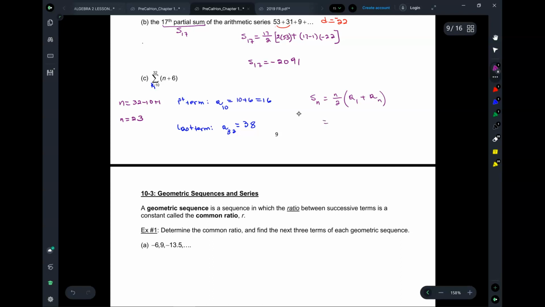So this is 23 over 2 times the first term plus the last term, and that's 621. So remember, this is the first term, this is the last term. All right, so we'll stop here for today.